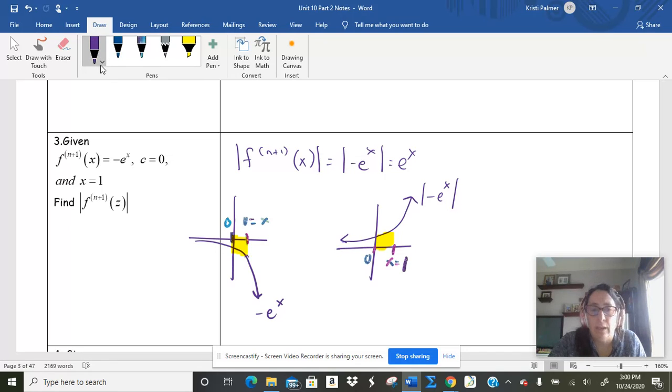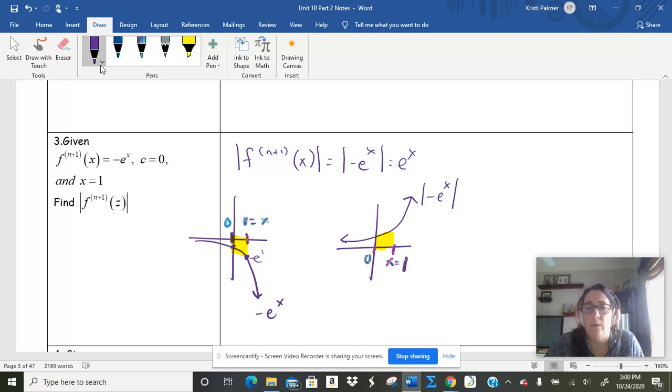Well, I'm looking for the absolute value max. So even this value at 0 is farther away from that x-axis. So I would want to say that's like this negative e to the first.